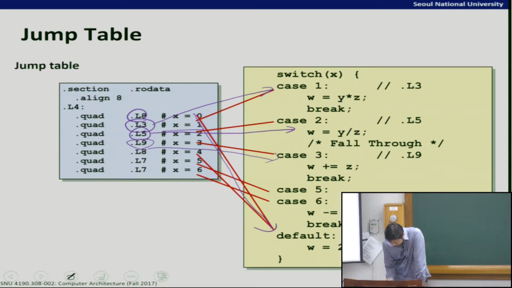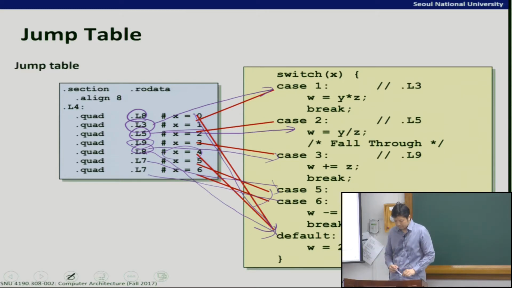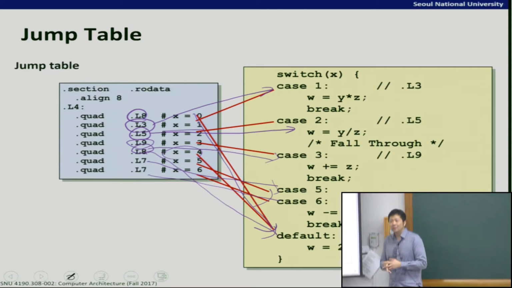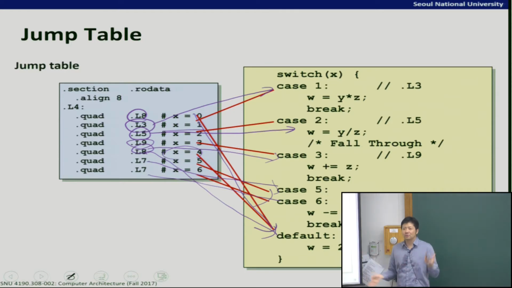And like case 4, again, there's no entry for case 4, so this one points to the default, which is L8. And the remaining two, 5 and 6, point to the same target, L7. Okay? So in that way, you can implement an arbitrary table like a switch statement using a jump table.